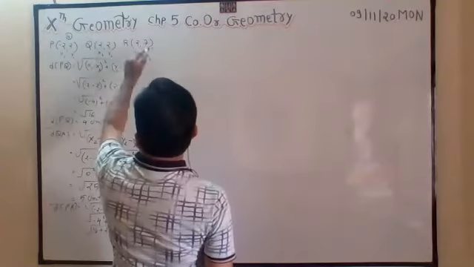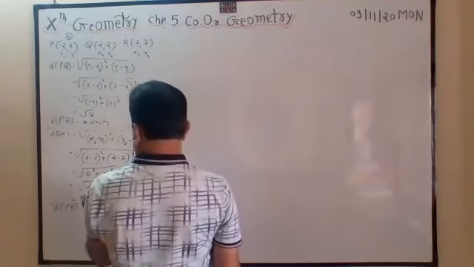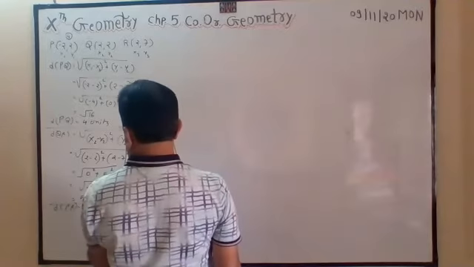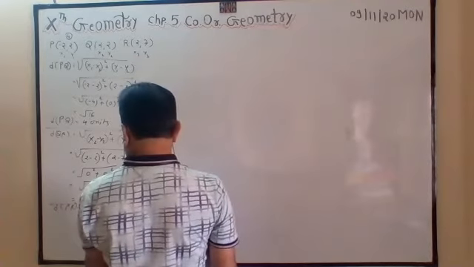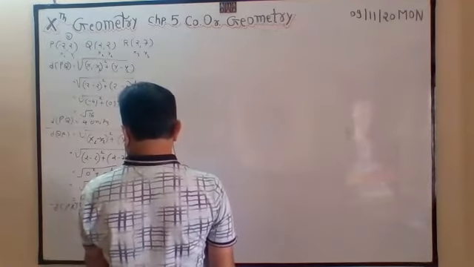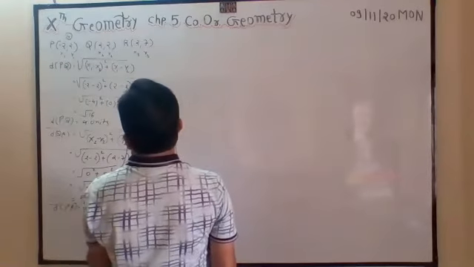This minus this 0, this minus this 7. It should become 9.